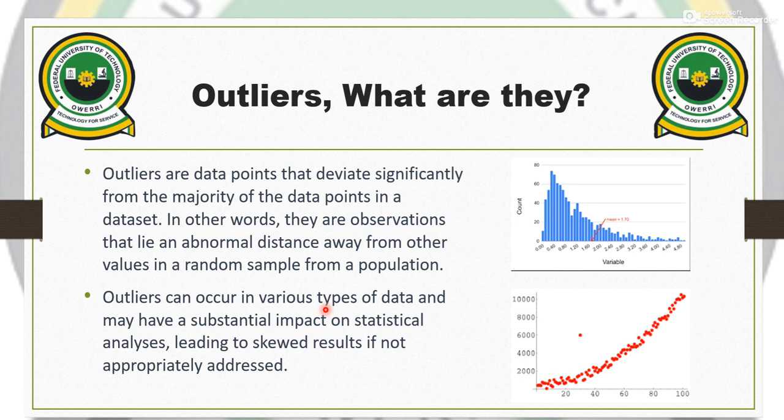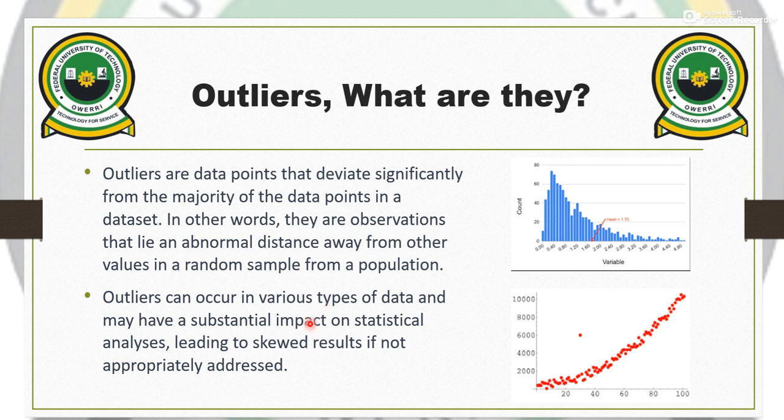Okay, outliers can occur in various types of data and may have a substantial effect on the statistical analysis, leading to skewed results if not appropriately managed. Now, when we talk about skewness of data, it shows us whether that data is balanced or not balanced, whether it is heavy at one point or lesser at the other point.